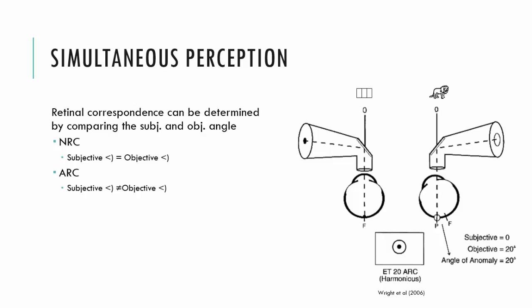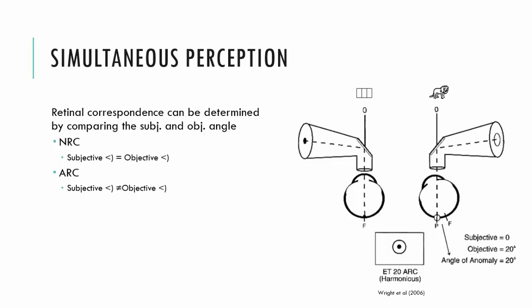And so what they're doing is they're moving the line to the pseudofovea in this instance. And therefore, effectively, you have the subjective angle not being equal to the objective angle. So in the presence of ARC, there will be a difference between the angle of deviation that you measure objectively and the angle of the deviation as measured by the patient subjectively.